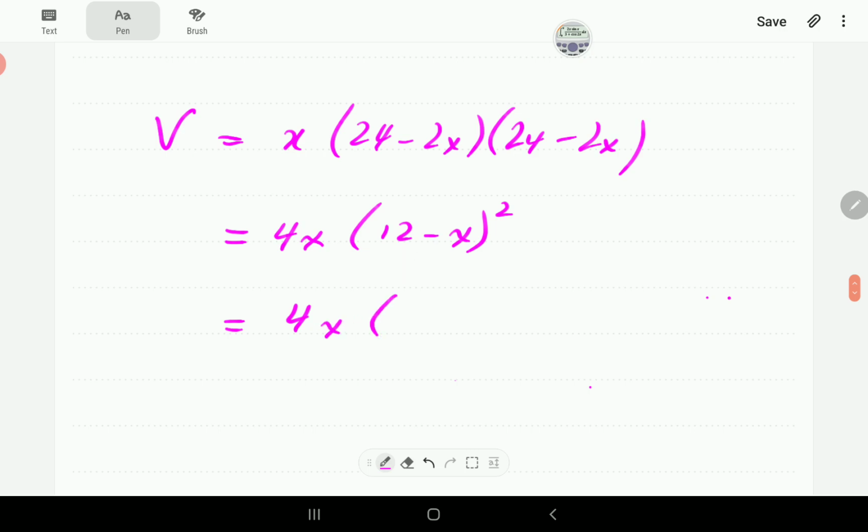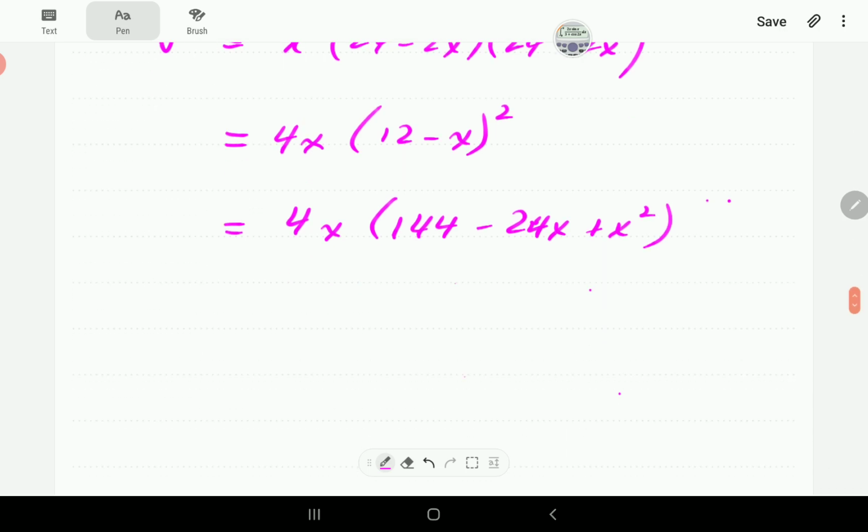Then if we expand this, (12 minus x) squared is 144 minus 24x plus x squared. If we multiply x into this, it will be 4 into x cubed minus 24x squared plus 144x.